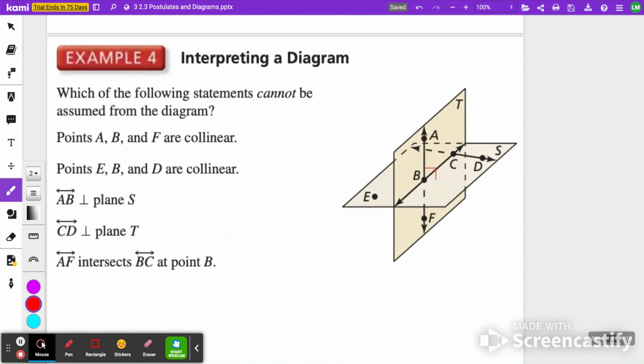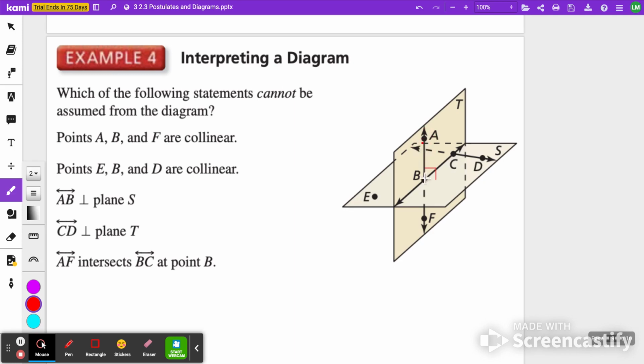The last few we're going to talk about are how to differentiate between collinear, non-collinear, and planes and where they're intersecting. So what we can do is read the situation and then kind of go through each one of these. Example 4, which of the following statements cannot be assumed from the diagram? Let's start here with points A, B, and F are collinear.